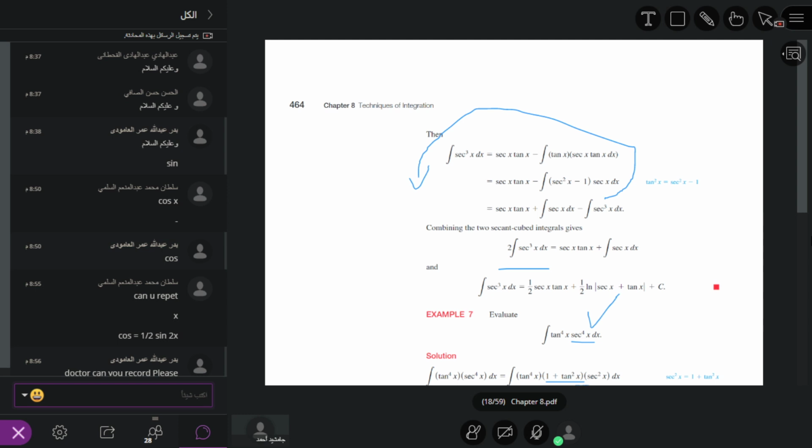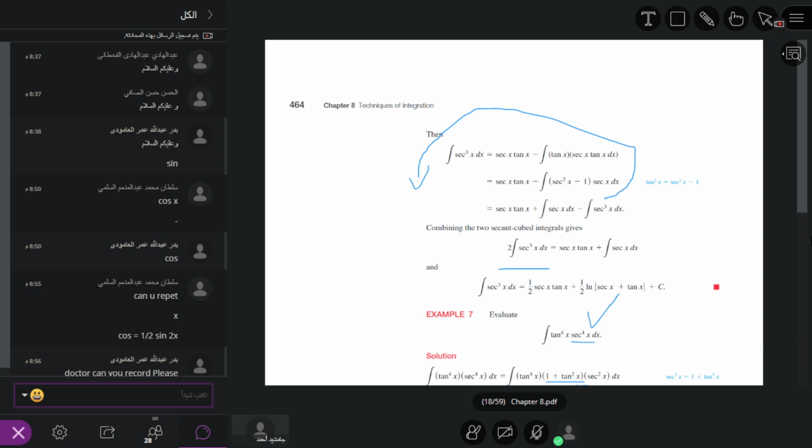It means sec square x is 1 plus tan square x. So thus we get here tan power 4 x plus tan power 6 x.